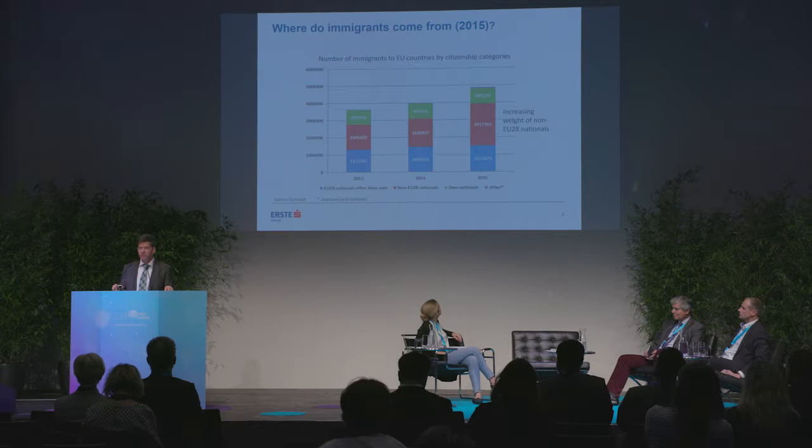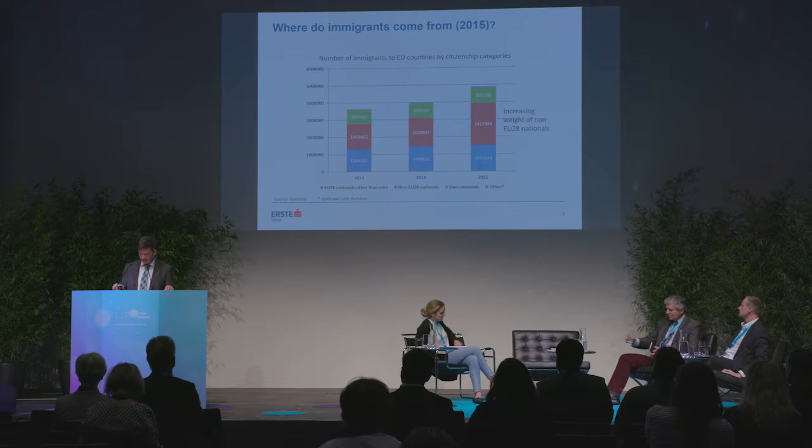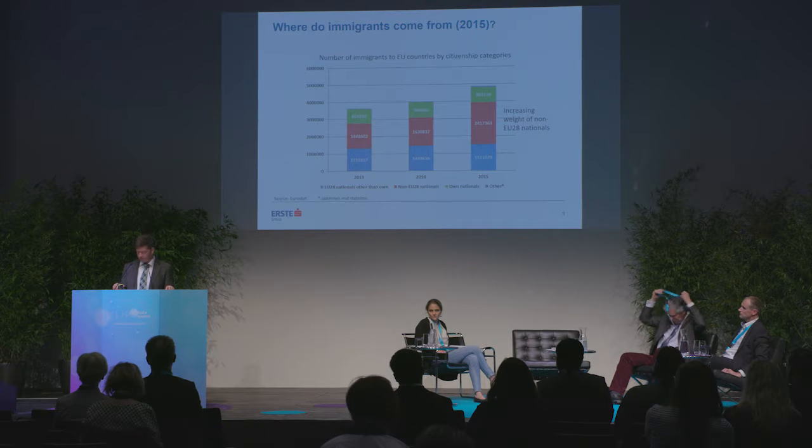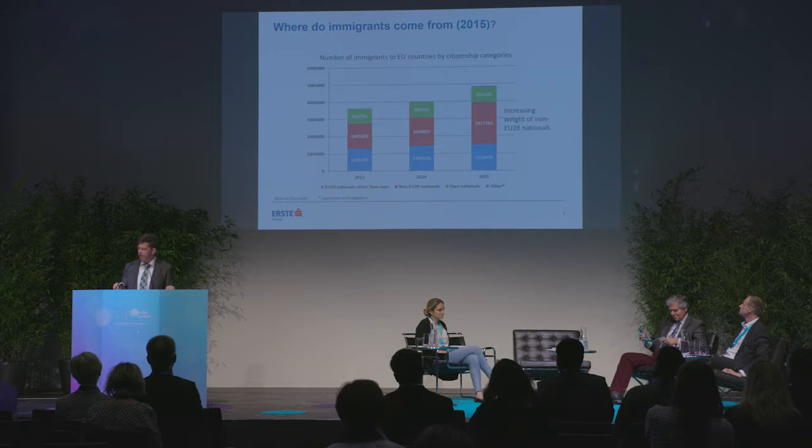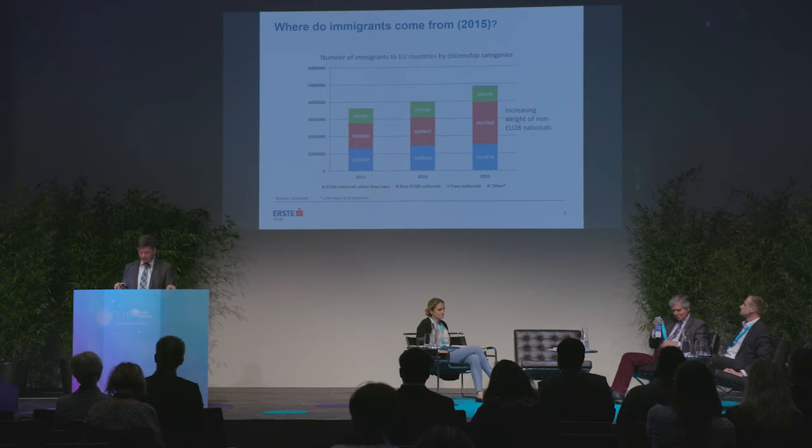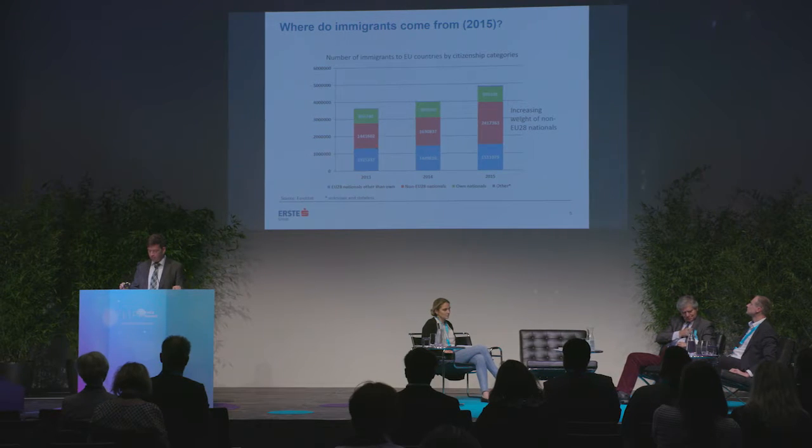Those are the ones that we are always speaking about, but also the immigrants that come from the Balkans or from Russia and Ukraine. And then we have the own nationals. These are basically people who return to their countries of birth. You can see that those numbers are also quite significant. So we have three categories of immigrants.